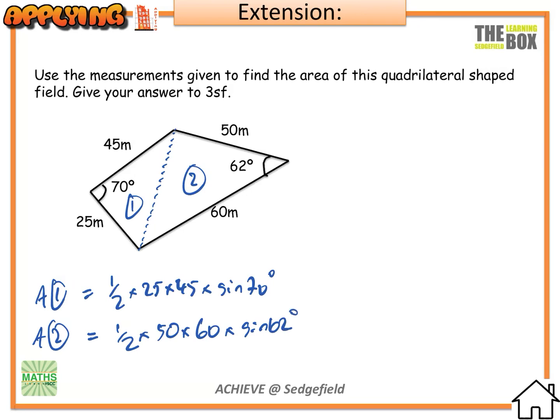I'm going to put that directly into my calculator. So 0.5 times 50 times 60 times sine of 70 plus half of, oh hang on, have I done that right? No, I haven't. Sorry, sine of 62, not sine of 70. And then it will be 0.5 times 25 times 45 times the sine of 70.